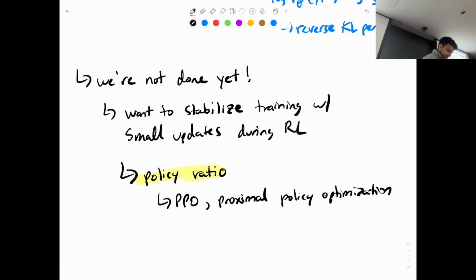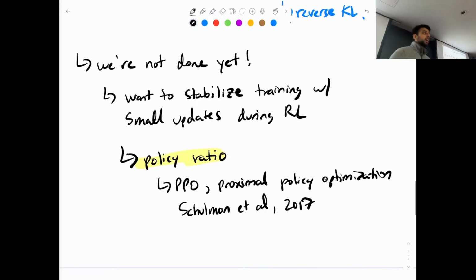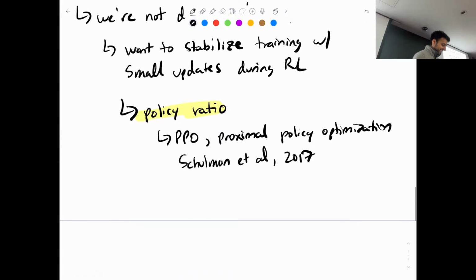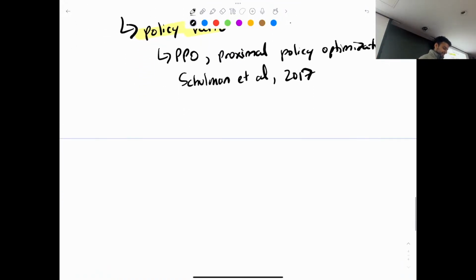It was developed by John Schulman and people at OpenAI in like 2017, and it was developed for playing Atari or some sort of video games, not for language models. Coincidentally, John Schulman now works at Thinking Machines, which produced the Tinker product that some of us are trying to use now with varying success.